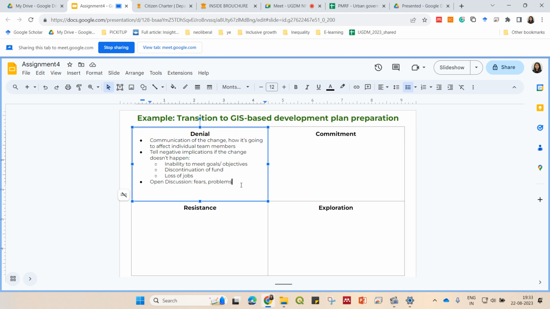This includes funds related to meeting the objectives, and funds which go towards paying your salaries even. So there is a real possibility that the funds coming towards the particular project which needs you to transition to a GIS system might be discontinued. Okay, so this is another negative implication.